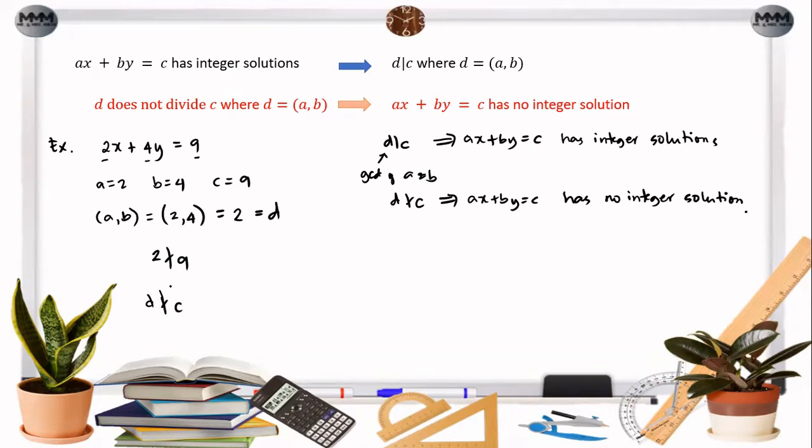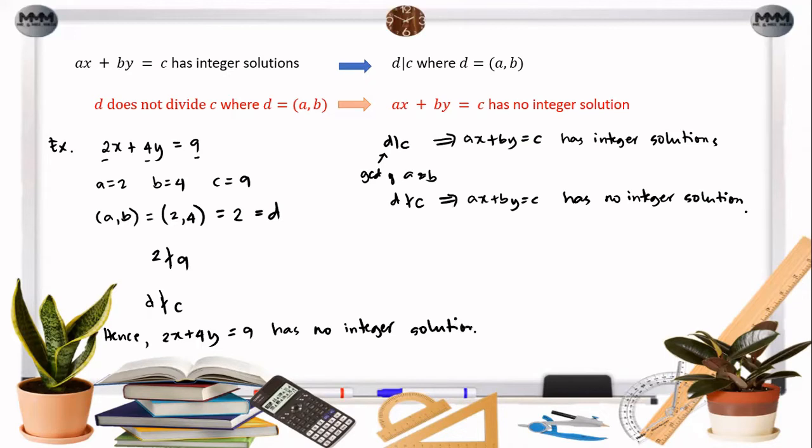Because we cannot write 9 as the product of 2 and an integer k. Hence, because 2 does not divide 9, we can say that our linear Diophantine equation 2x plus 4y equals 9 has no integer solution.